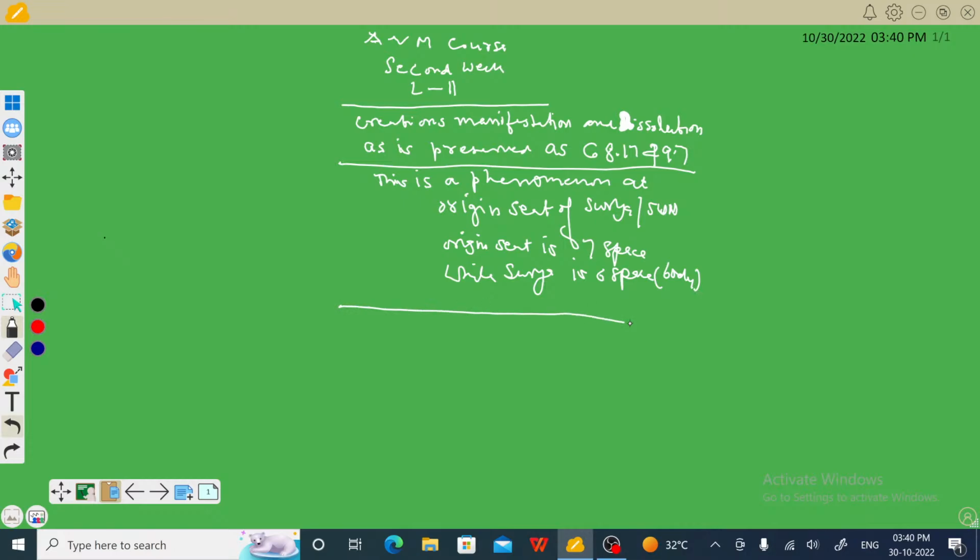Let us revisit Surya as 6 space body, its origin as 7 space, from within which flows transcendental content.